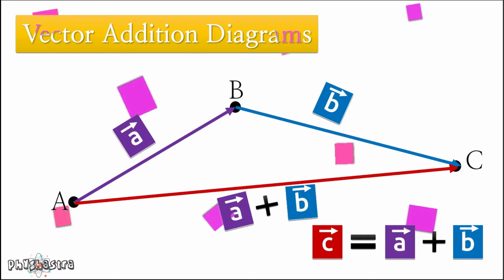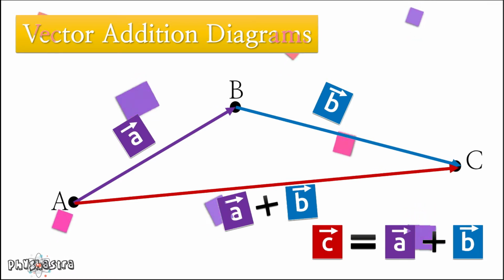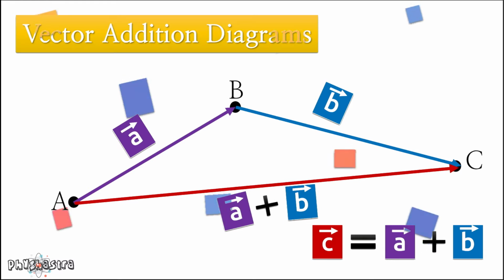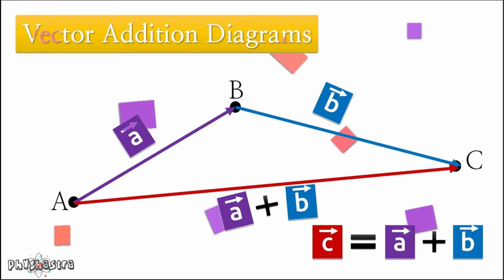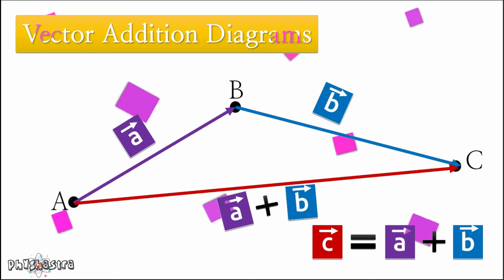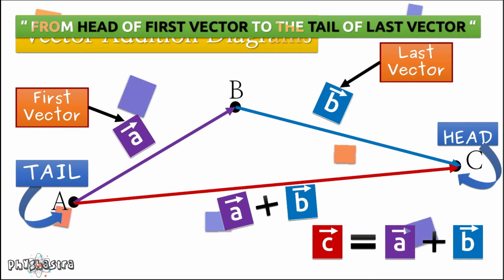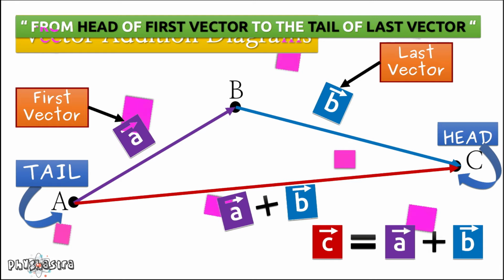Now we write the sum of vector A and B as C, and that sum vector or resultant vector will be from the tail of the first vector to the head of the last vector. Remember this statement. This is how we represent the sum of the vectors diagrammatically.